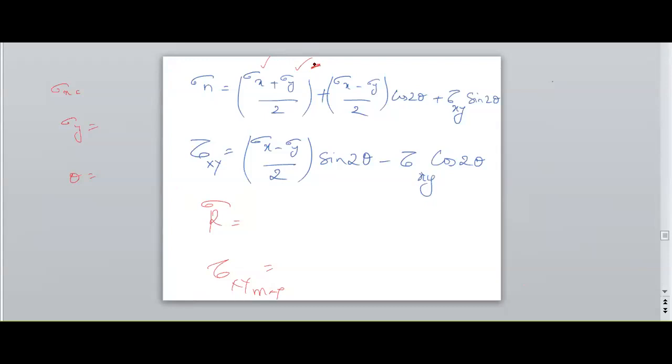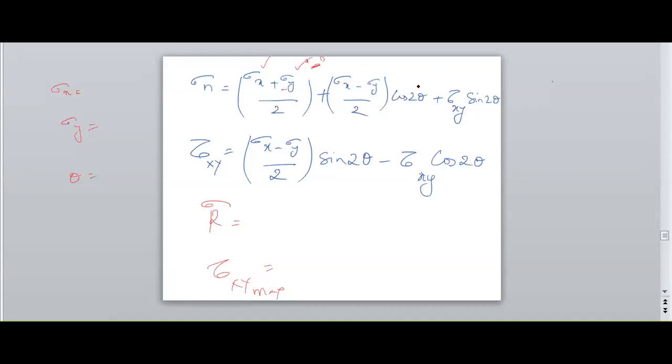Therefore, I need to take sigma y as negative, because we derived the relation by considering both as tensile stresses. In this problem, sigma y is compressive, so I need to substitute the value as negative.